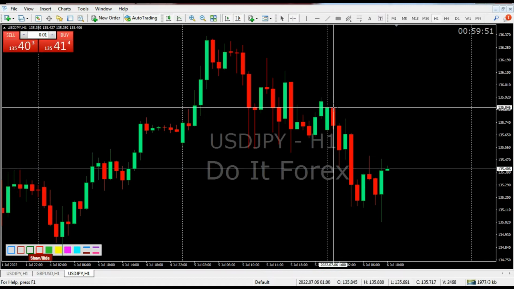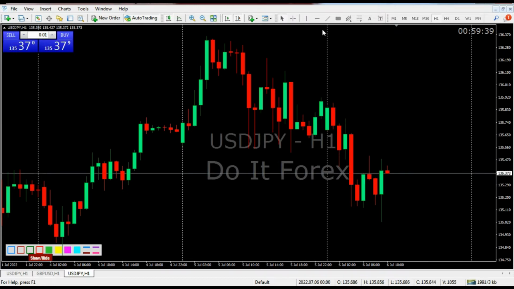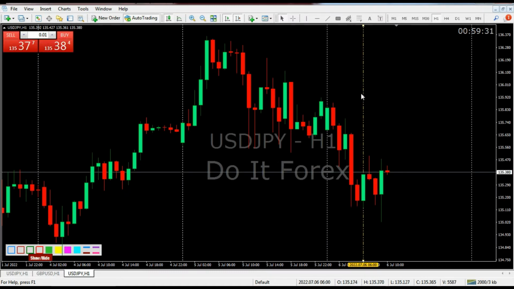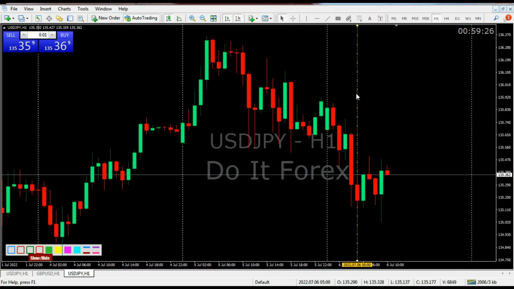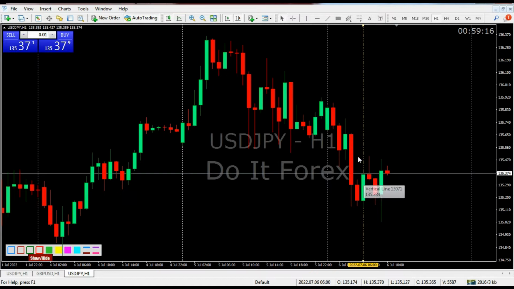This is 1, this is 2, this is 3, 4, 5, 6. So this is the 6th candle. If we count from the opening daily candle, 1, 2, 3, 4, 5, 6, 7. So this is the 7 candles that we count.